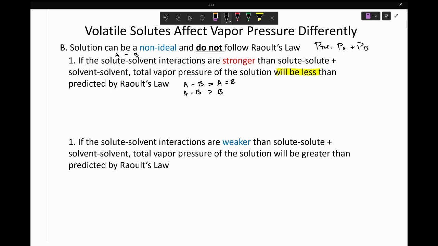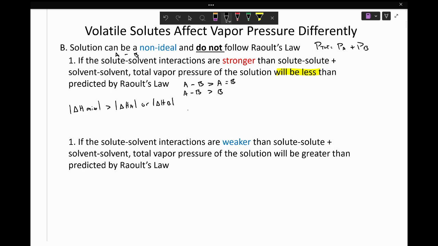And this is simply because what we're observing is that the delta H of mixing, if the interaction of A with B is strong, the absolute value of that is going to be greater than the delta H of A or the delta H of B. This is just another way to represent that you have a better interaction of A with B, and that you have a lower energy state due to this enthalpy difference for this mixing case.